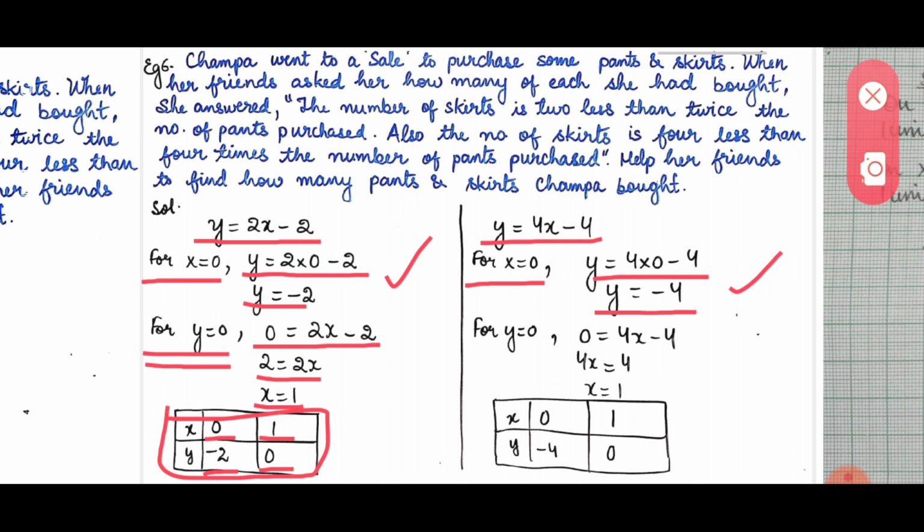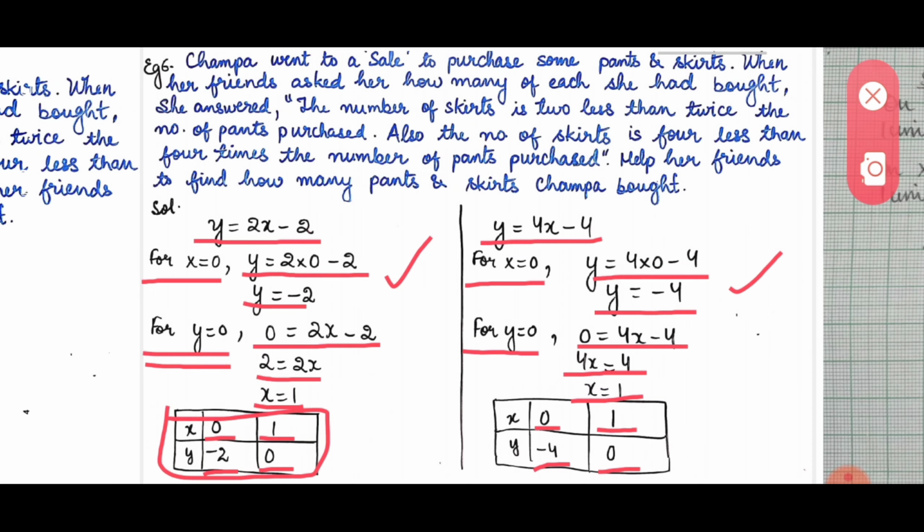Now for y equals to 0, let us find the value of x. 0 is equals to 4x minus 4, or you can say that 4x is equals to 4 or x is equals to 1. So here you find that the value of y is minus 4 for x equals 0. Okay, when the value of y is 0, the value of x is 1.